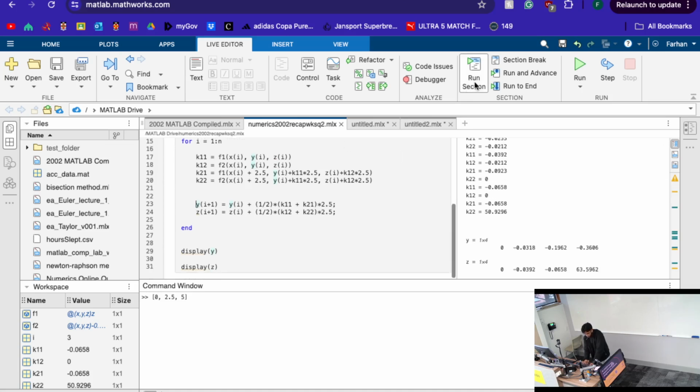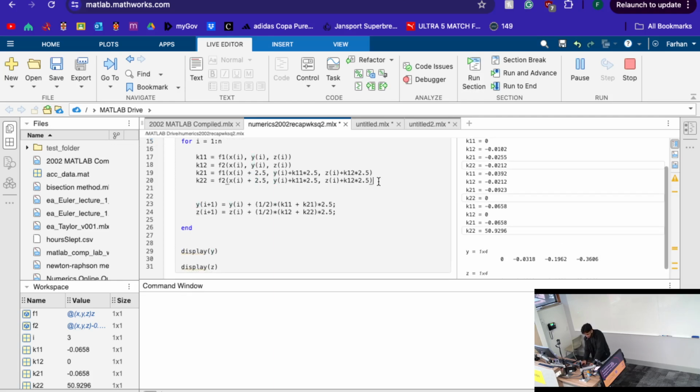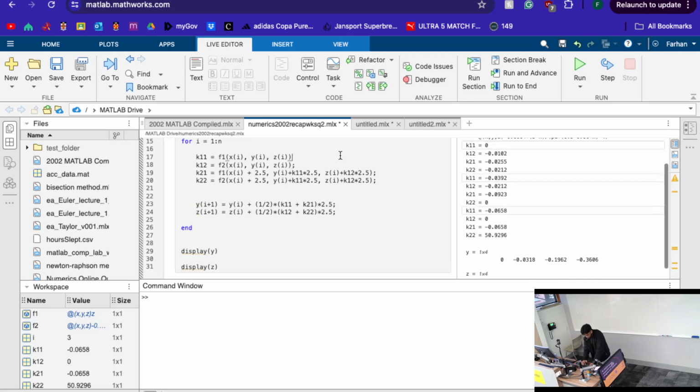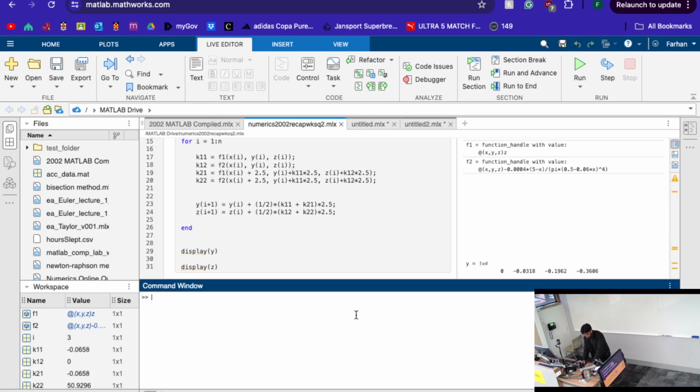Wait, hold on, let me make it a bit neater. We've already displayed y and z over here. These are our values, and this one over here is y1, y2.